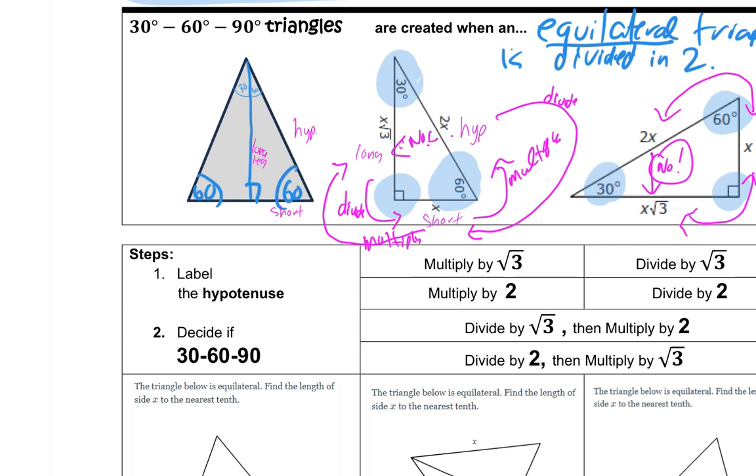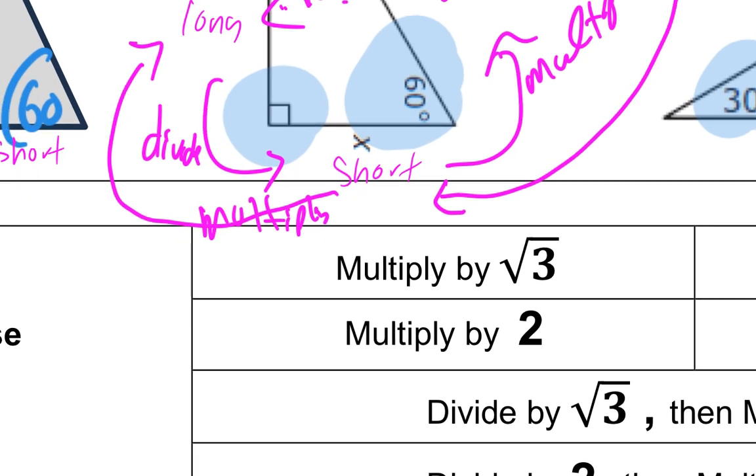We're going to always label the hypotenuse. We're going to decide, is it a 30, 60, 90? If it is, these are the things that we're going to think of. First off, if we are going from the short to the long, we're going to multiply by the square root of 3.